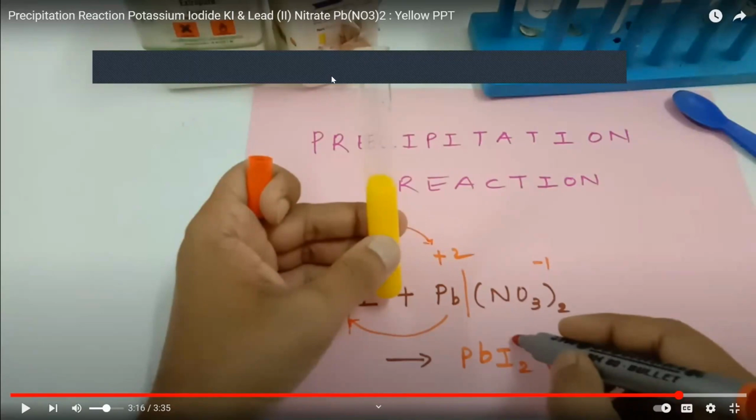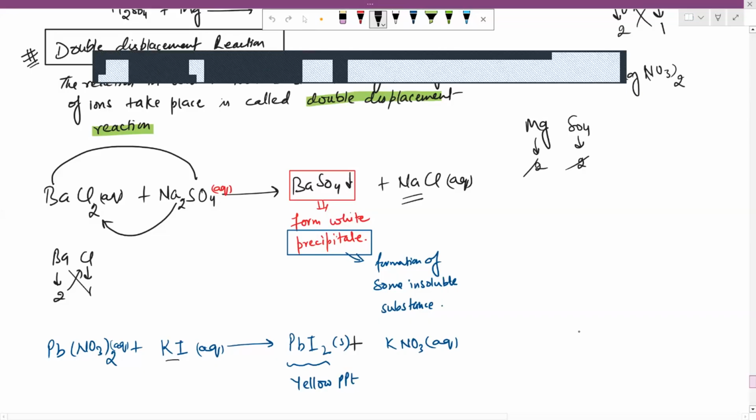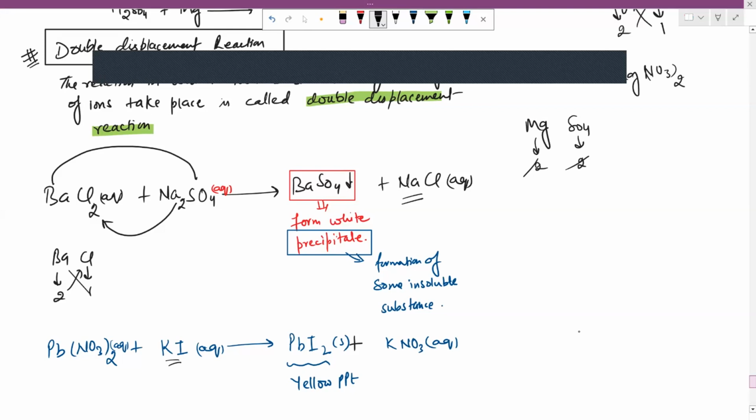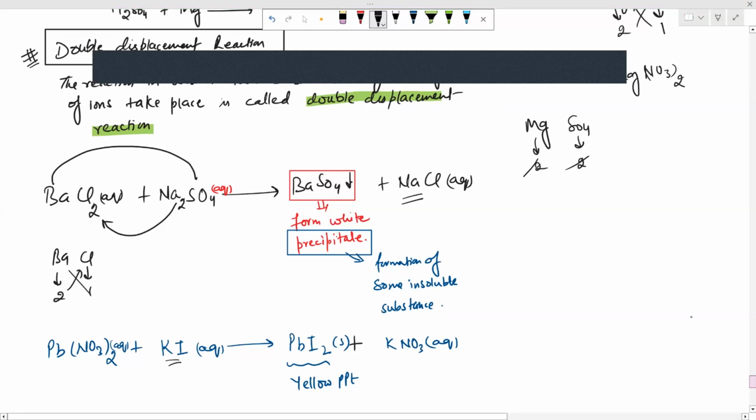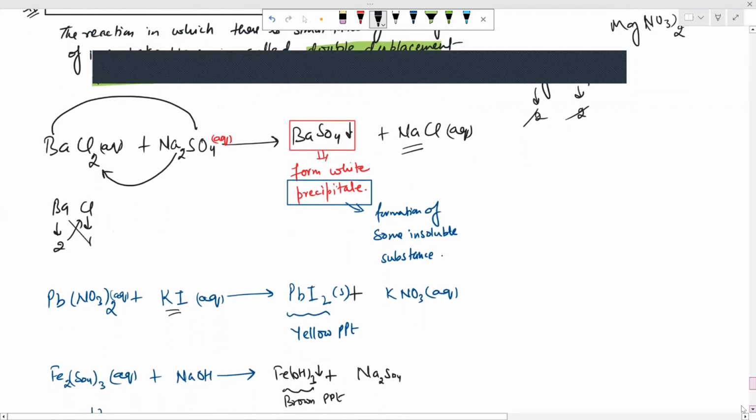So Pb(NO3)2 reacting with potassium iodide gives you PbI2 and KNO3. Have you noted this equation? Tell me yes or no. Yes, sir.